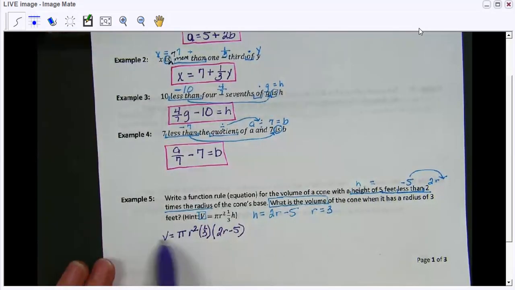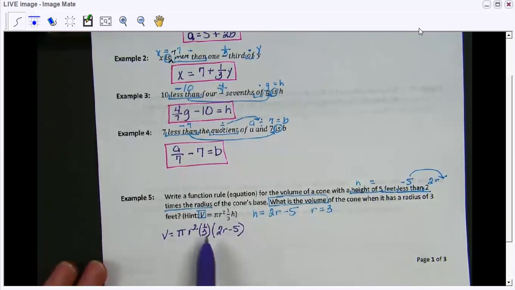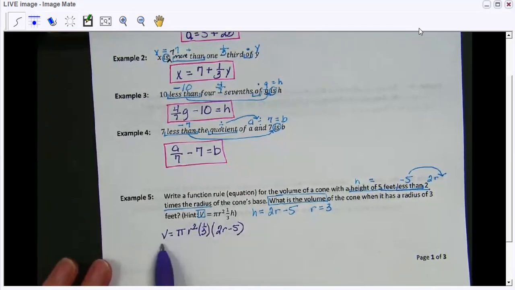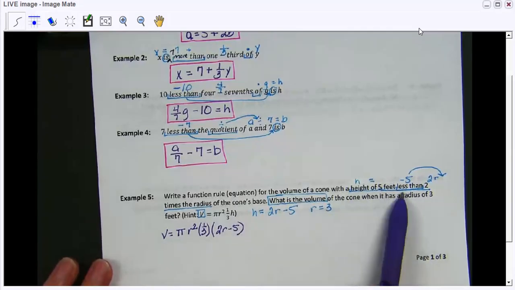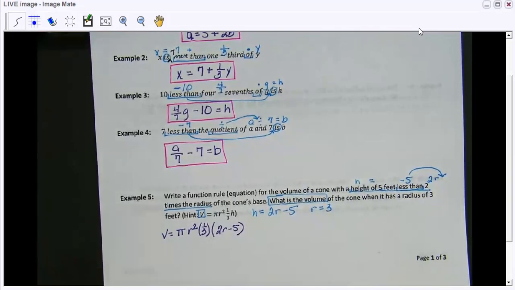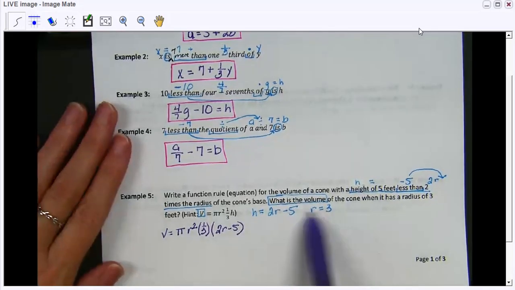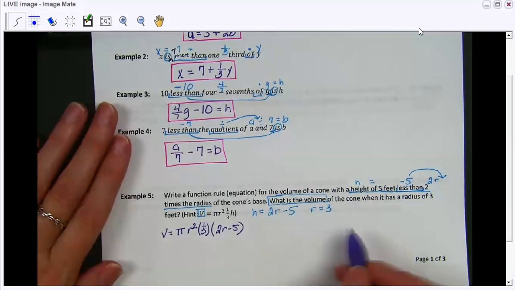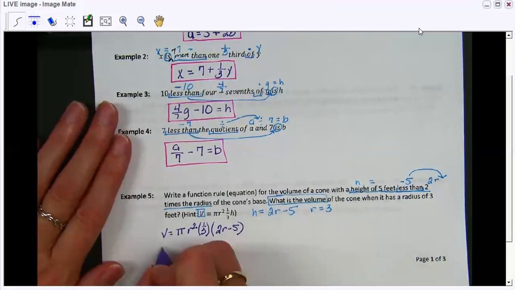When you're solving problems like this, we are looking for, can you substitute expressions like this into an equation? Then we want to know if you can solve it with a given. And here our given is the radius. So I'm going to substitute 3 into the equation.